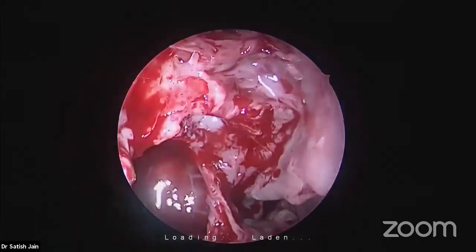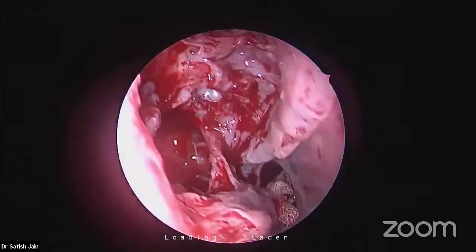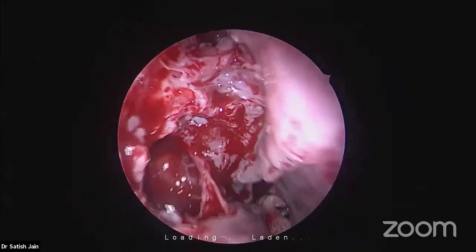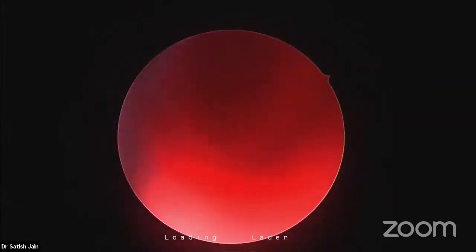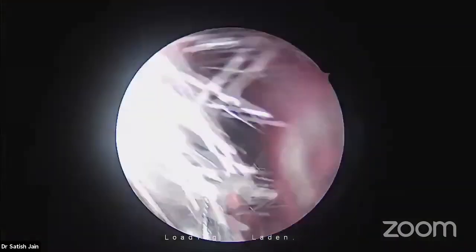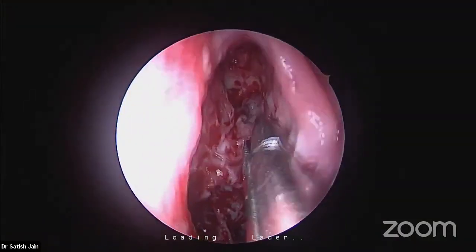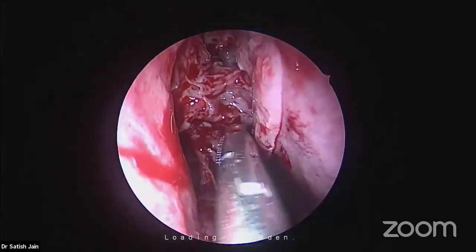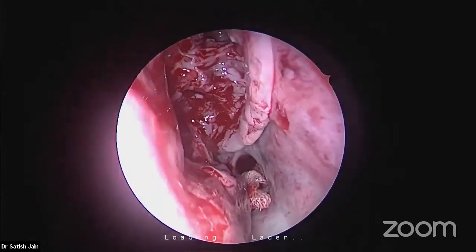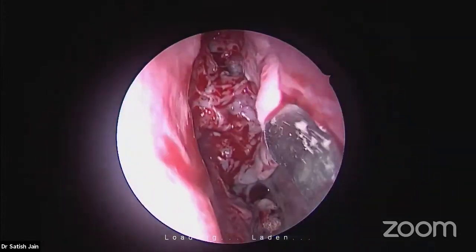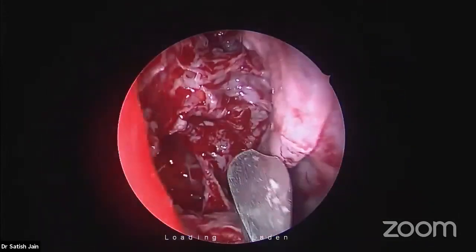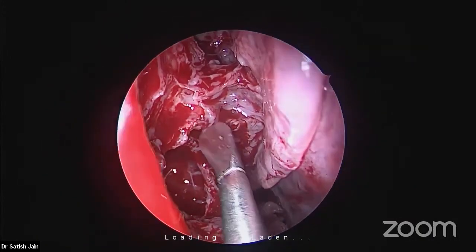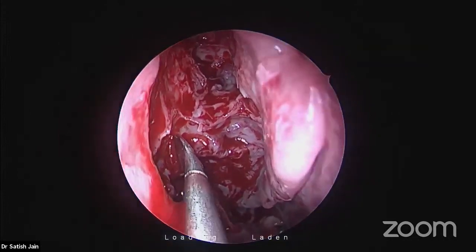Now, we have removed the bulla. What is this structure now? This is the ground lamella. What is ground lamella? Ground layer. See this turbinate, this is the middle turbinate. It has 3 parts. The first one lies in the sagittal plane like this. Then it turns laterally to insert on the lamina papyracea.